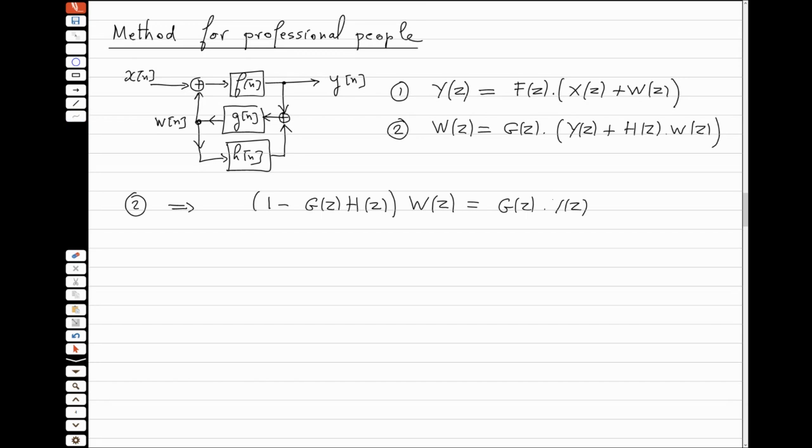And you continue the same way, right? You then have w of z is g of z divided by this, and then you continue the same way as above.